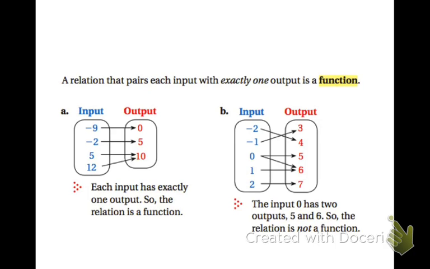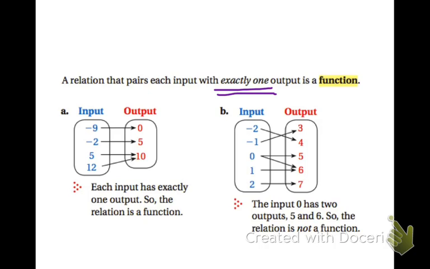A relation that pairs each input with exactly one output is called a function. And this is an extremely, extremely important concept because not all relations, not all mapping diagrams of relations are actual functions. Looking at A, you can see -9 goes to 0.